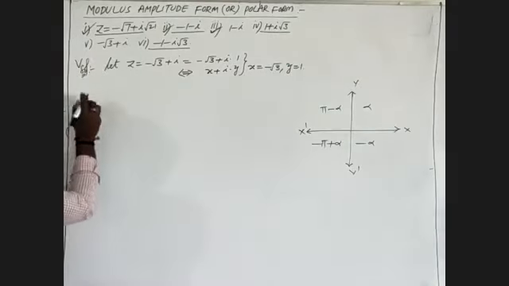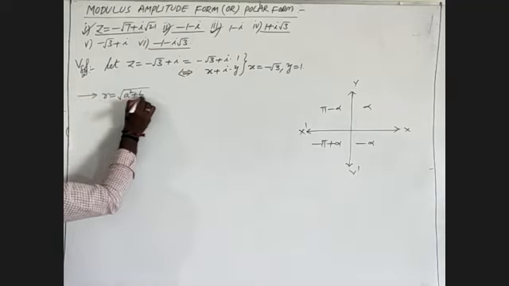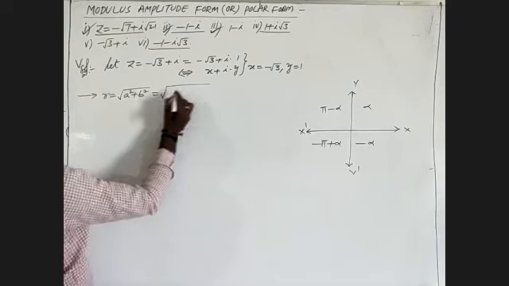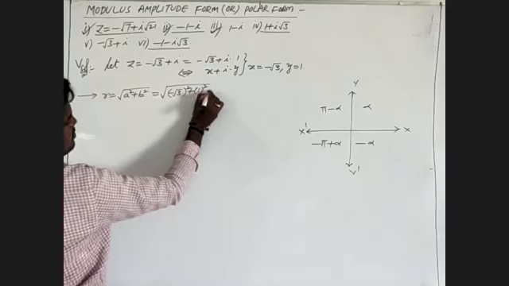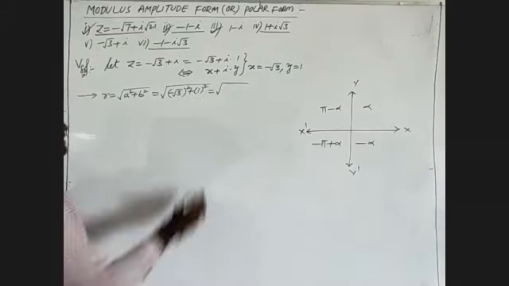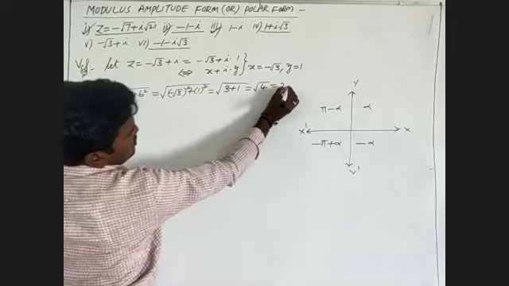First I have to find out the value of r. r is equal to root of a square plus b square, that is nothing but root of minus root 3 whole square plus 1 square, we will write. That is nothing but 3 plus 1. Root of 3 plus 1 is root 4. Root 4 is nothing but 2.